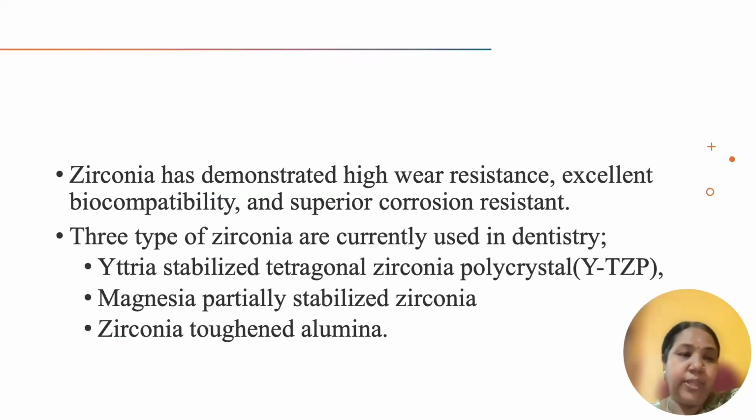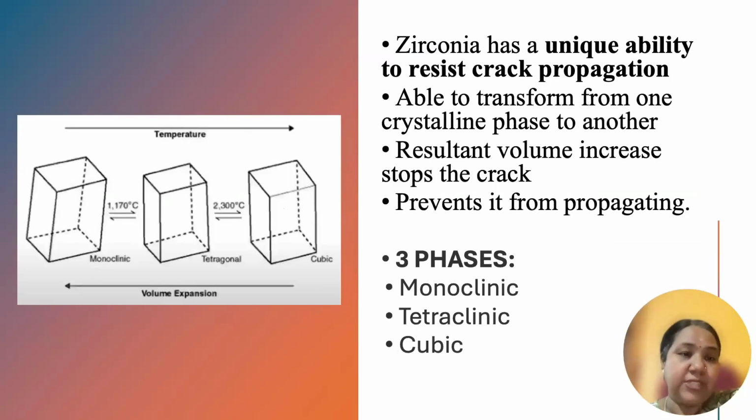So why is zirconia so much in demand? It is mainly because of its unique ability to transform from one crystalline phase to another, because of which there is a resultant increase in volume.